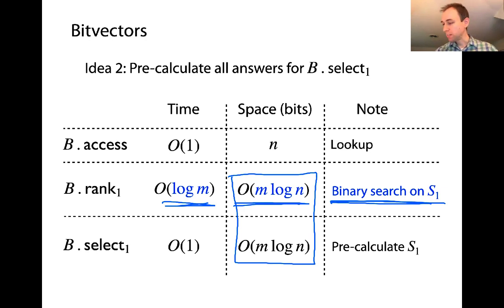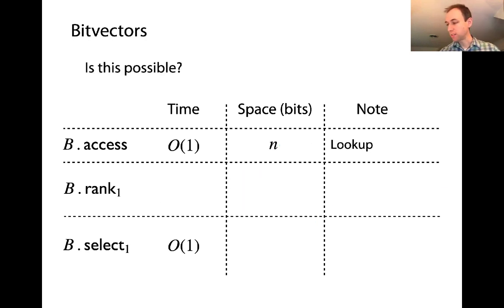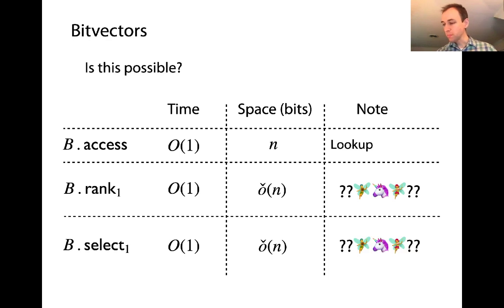Having discussed all that, we can wonder if we could do even better. In particular, we can wonder whether we can get in under the number of bits that we need to satisfy the access query, these n bits. Is this kind of thing possible, where all the queries take constant time?